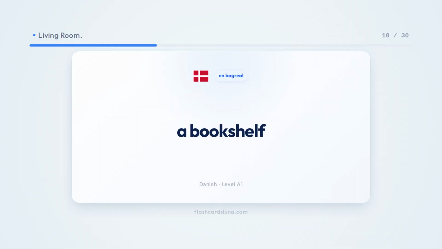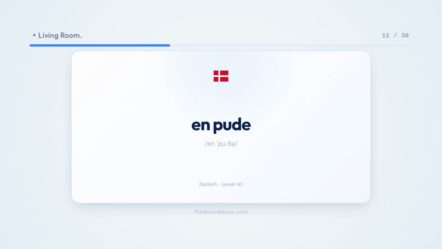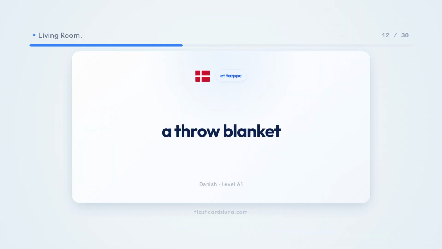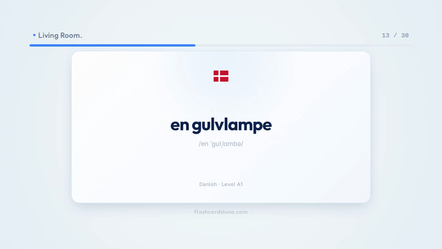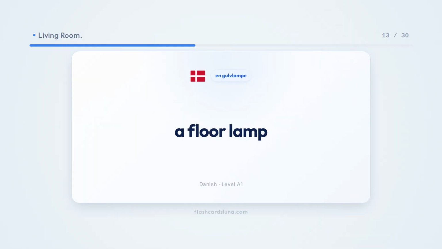A bookshelf. En pude. A cushion. Et tæppe. A throw blanket. En gulvlampe. A floor lamp.